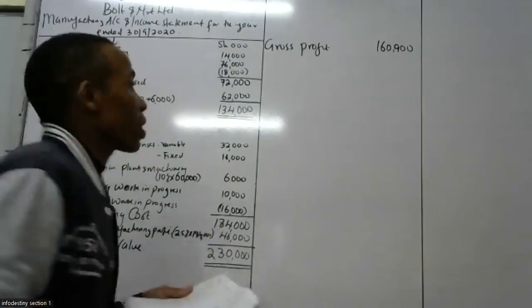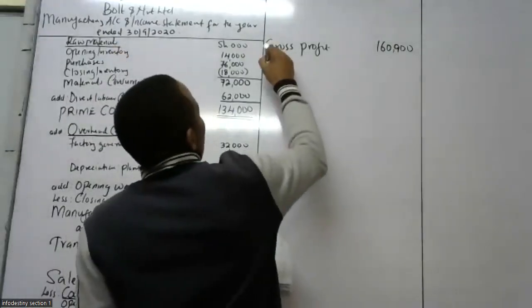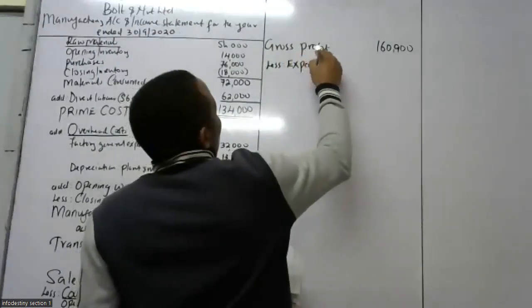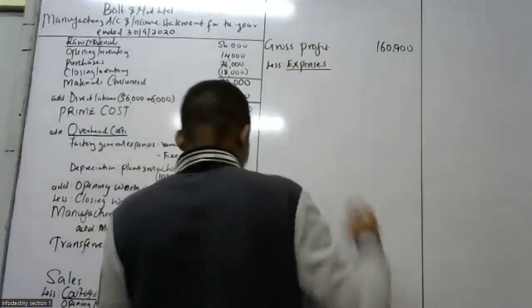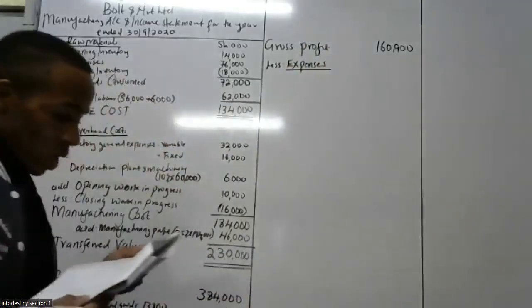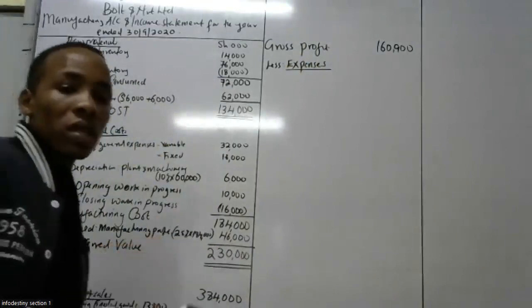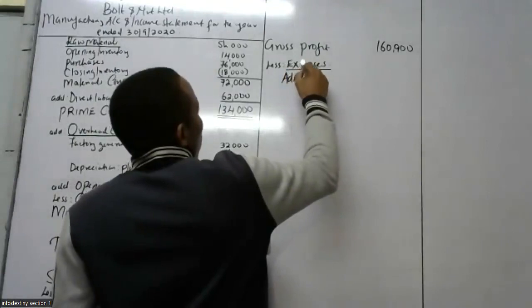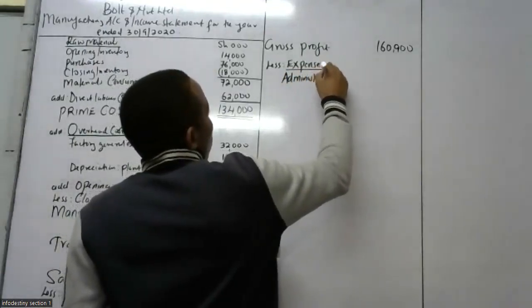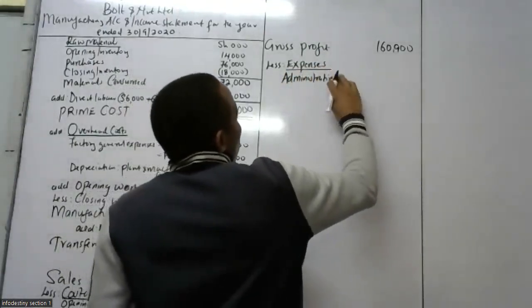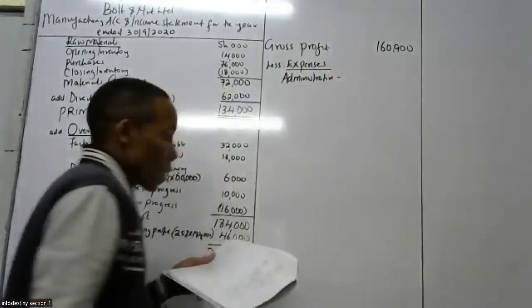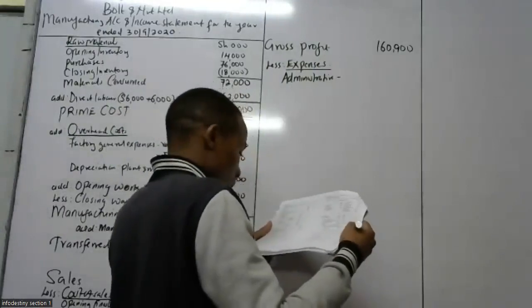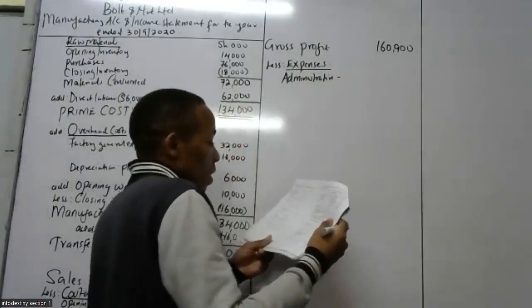So we less expenses. Let us first pick the administrative expenses, all of them. Under the admin, we have rent, but that rent had a prepayment.